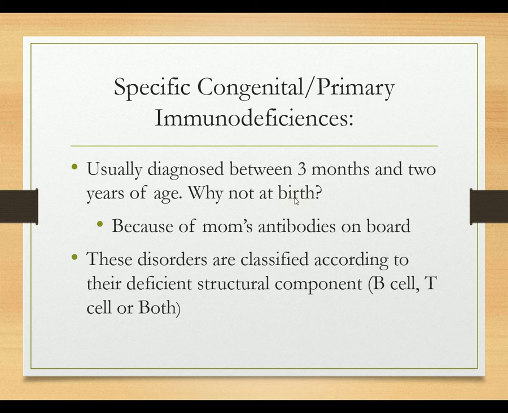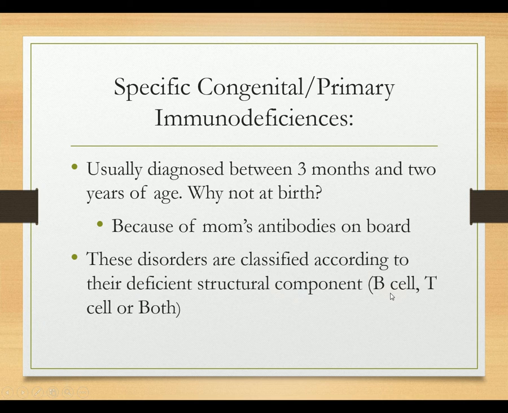If you'll remember back to our antibodies, IgG, the giant, was the only one that crossed the placenta. Well, that's the main one that protects against a lot of infections, particularly bacterial. Now, IgA helps with a lot of your viral and respiratory infections. So because of mom's antibodies being on board, especially if they're breastfed infants, you may not see this until 3 months to 2 years. Now, these disorders are classified according to their deficient structure.